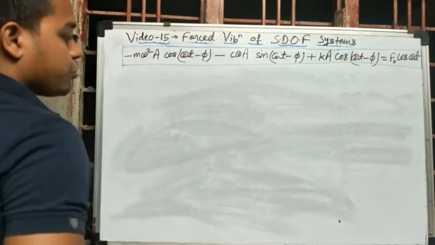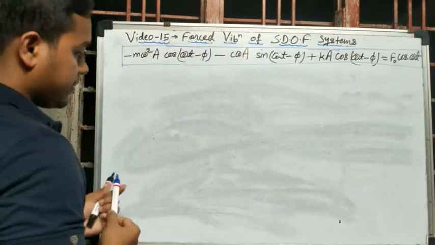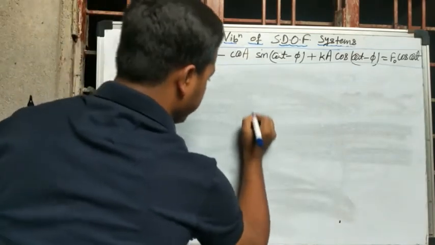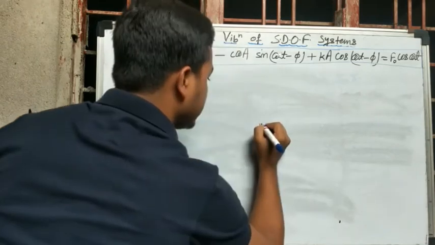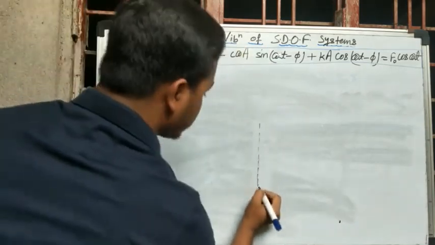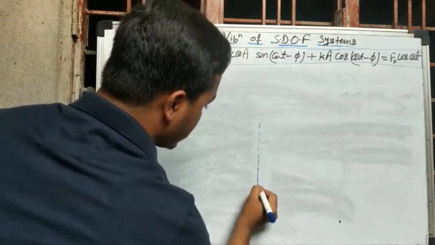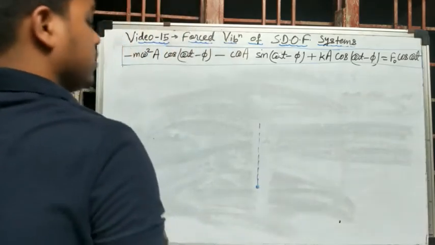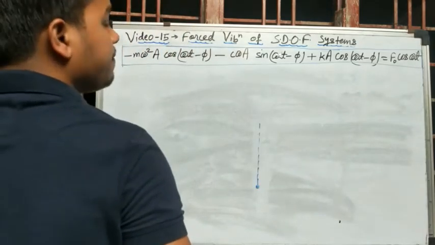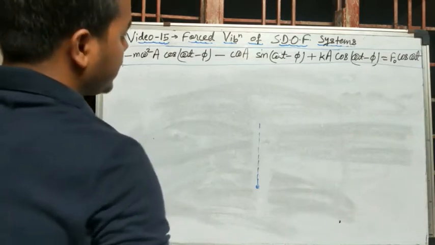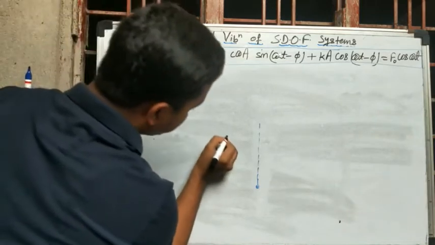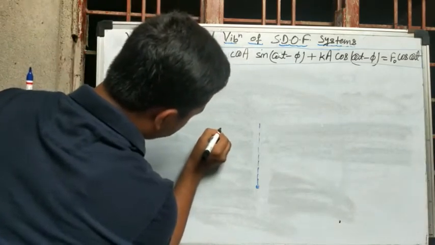Now suppose I want to draw a vector polygon. First of all I should have the reference line. The vertical axis upward direction is the reference line. This was the origin. So the first force I'll draw was Ka, something like this. Ka was somewhere here.